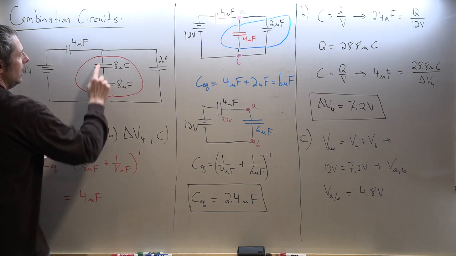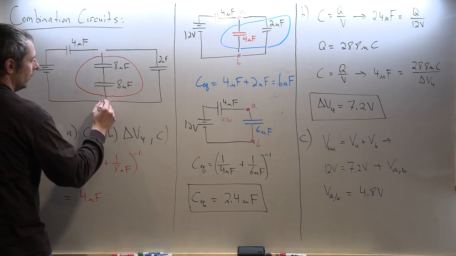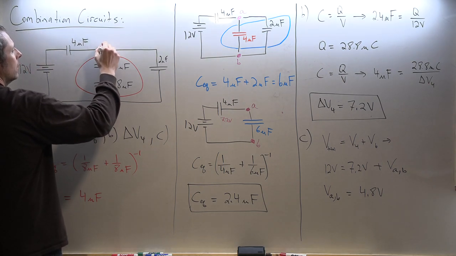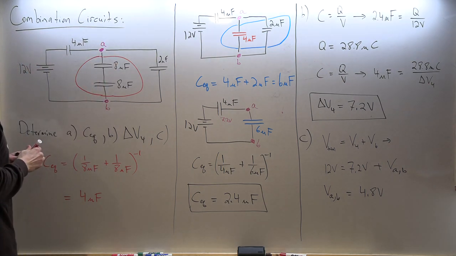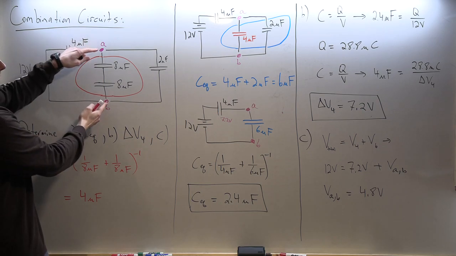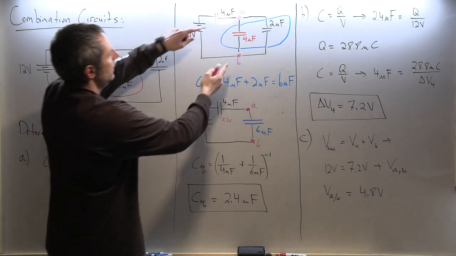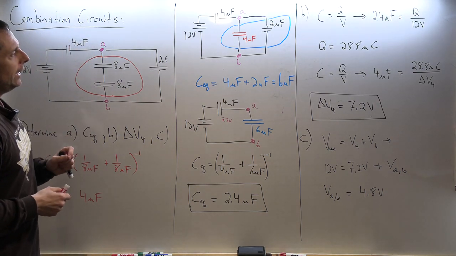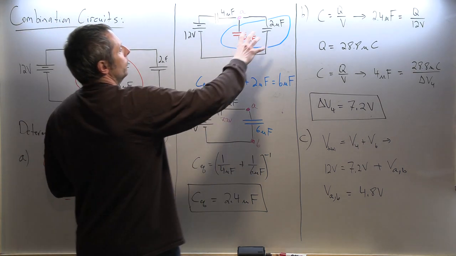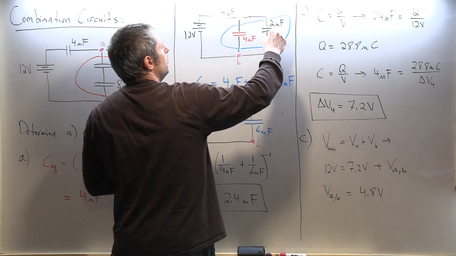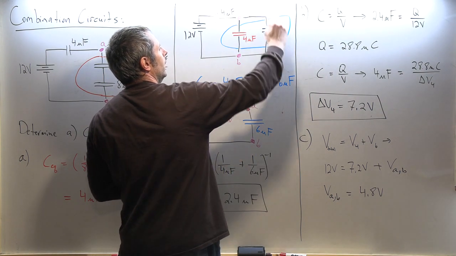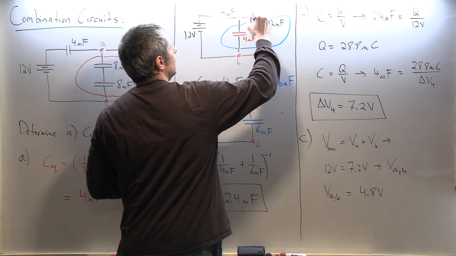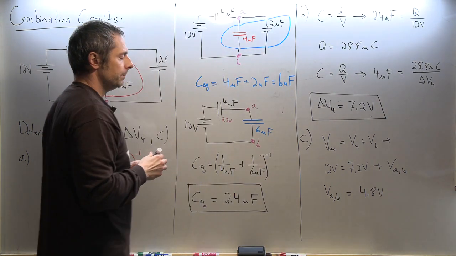And we know that A and B are right here in this diagram. The voltage from here to here is 4.8 volts. So we're going to use that now because if we look at this picture, this capacitor has 4.8 volts on it. Okay? Because it's connected between points A and B.